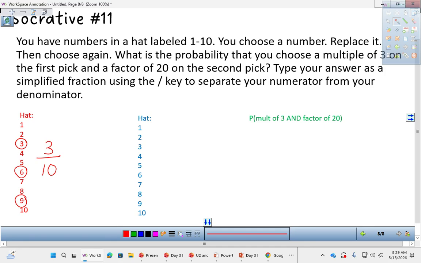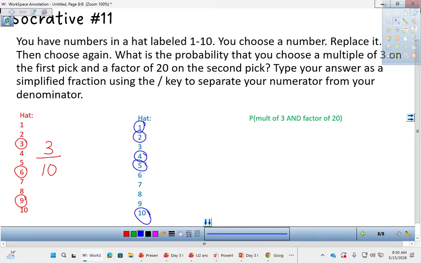Factors divide, so they get smaller. Factors are smaller than the number. So I'm looking for factors of 20. 20 divided by 1 works, 20 divided by 2 works, 20 divided by 3 is a decimal. 20 divided by 4 works, 20 divided by 5 works, 20 divided by 6 is a decimal. 20 divided by 7 is a decimal. 20 divided by 8 is a decimal. 20 divided by 9 is a decimal. 20 divided by 10 works. All right?